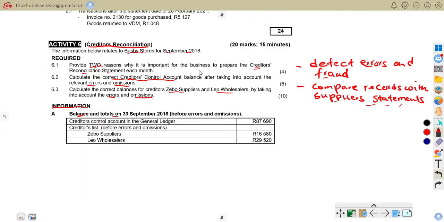Now let us come to the second question, 6.2. We are asked to calculate the correct creditors control account balance after taking into account errors and omissions.